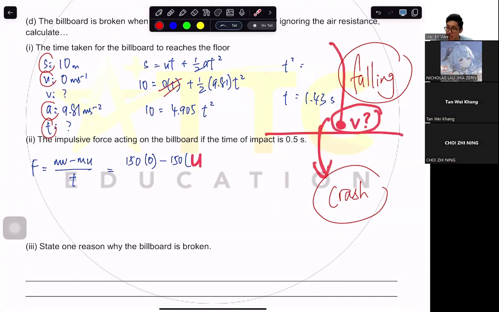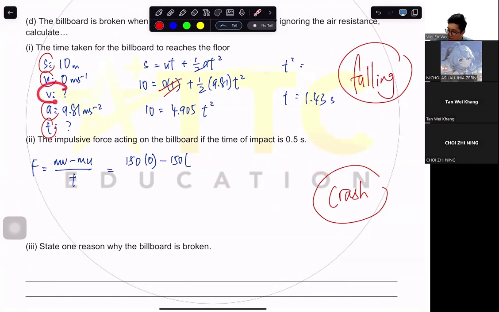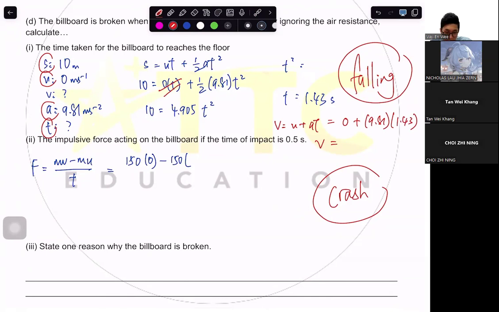So that's the initial velocity of the crash. You have to find out what the v is here. You can do v equals u plus at. u is 0, a is 9.81, t is 1.43. So what is your final velocity when you fall down?